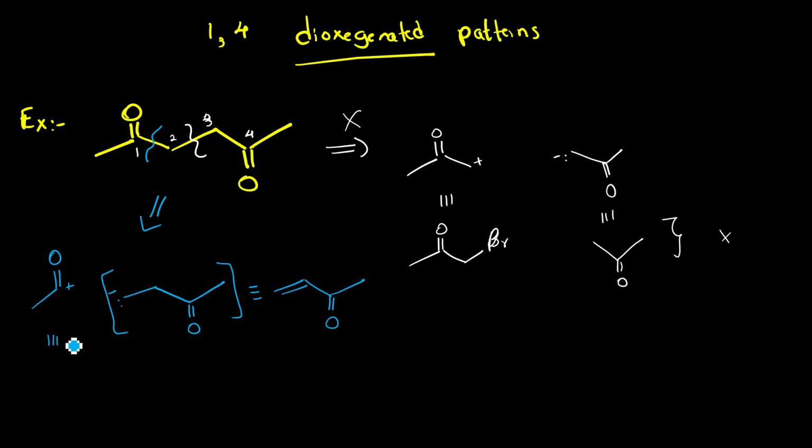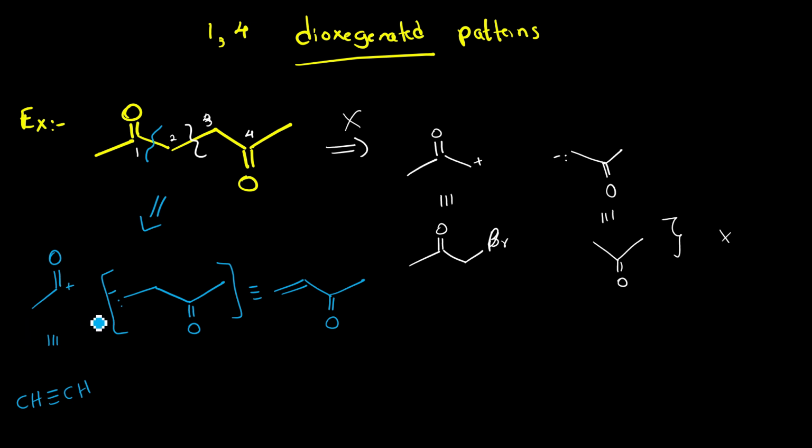So if I draw this molecule, what would you think? I hope now you get it. This is an alkyne. This alkyne can directly convert into this particular carbonyl compound. It's basically a one-step reaction. So this is our synthetic equivalent for this particular synthon.